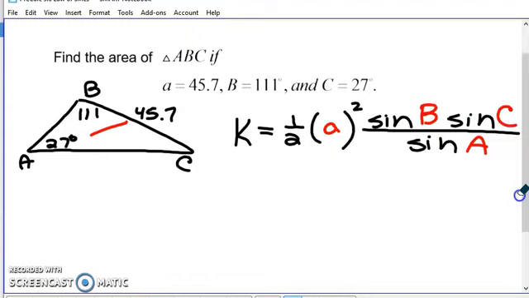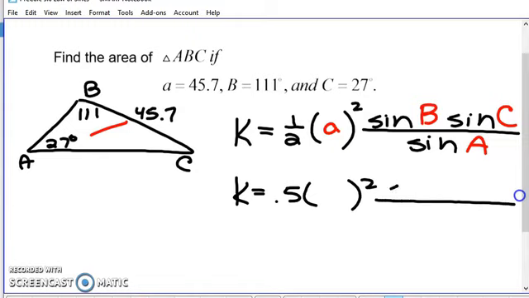So if we like the formula, I usually don't worry too much about the formula. We have to remember this one, sin over sin, and the squared. But otherwise, I just worry about, okay, what's my angle on an opposite side? I put the side given here, the angle opposite in the denominator.